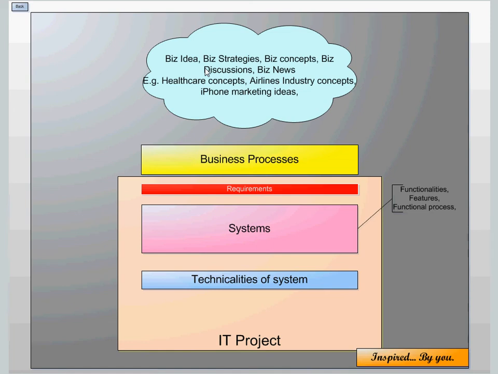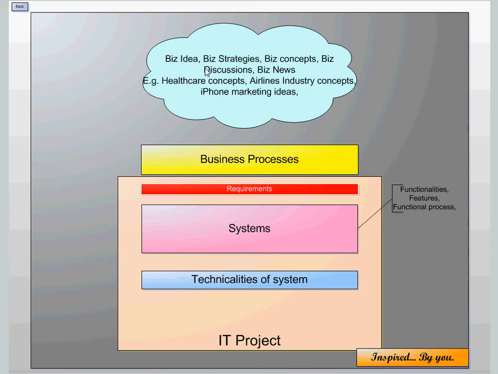So if they do conceive an IT project, then you might be working on that IT project as a business analyst, talking to various business users and identifying the requirements for the system.